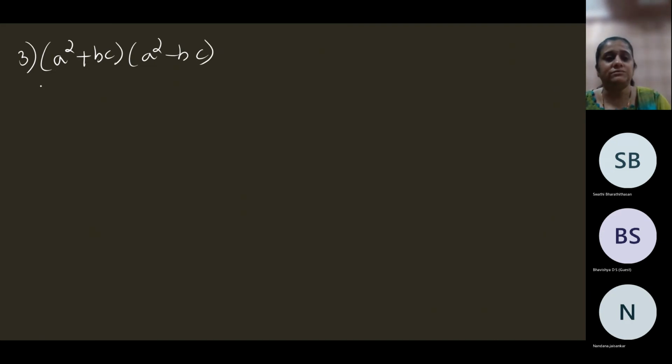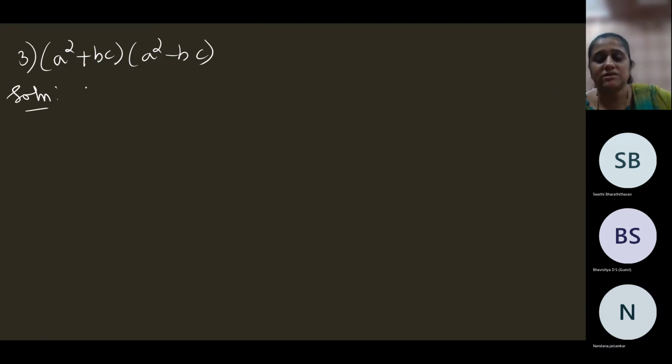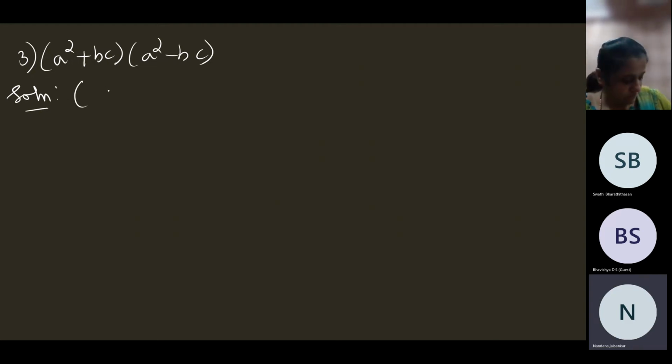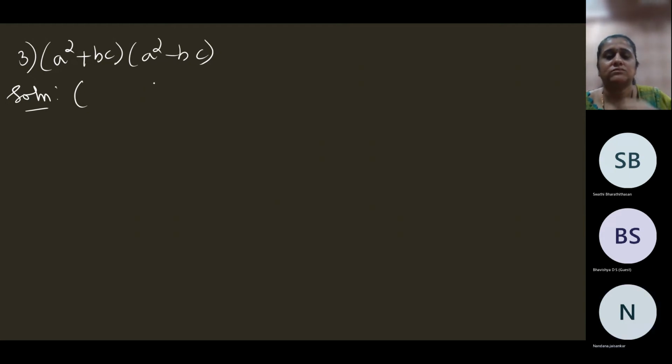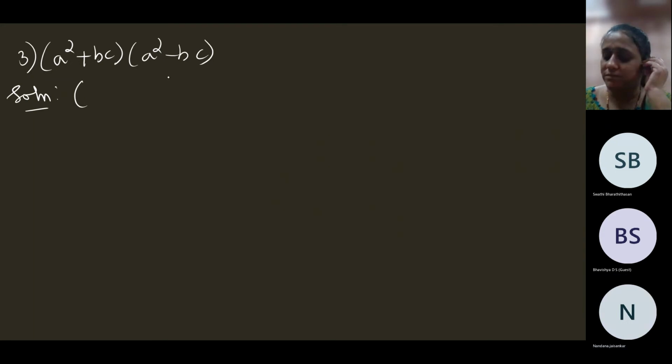Done, children? Yes, ma'am. What's the identity, Nandana? Ma'am, I transposed it. I split A square into A square and minus B square. Now tell me the identity you use, Nandana.